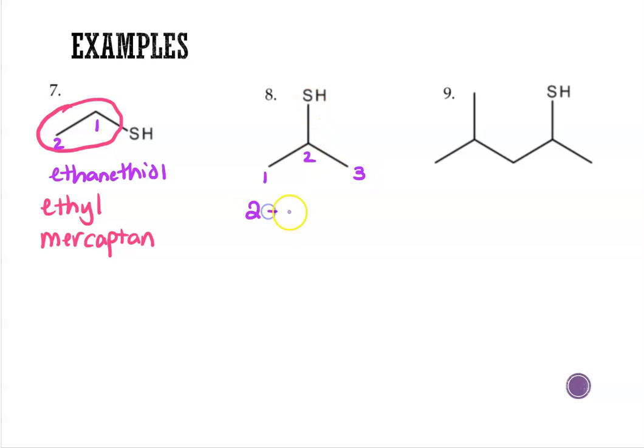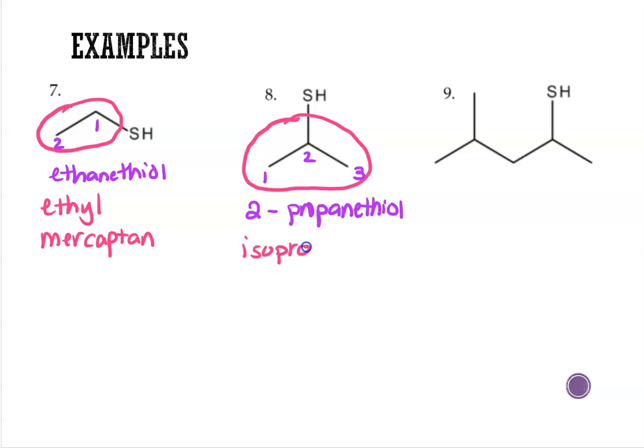So this would be 2, and this is 3, so this would be propane thiol. And then we look at the group that it's attached to. This is an isopropyl group. So this is just isopropyl mercaptan.